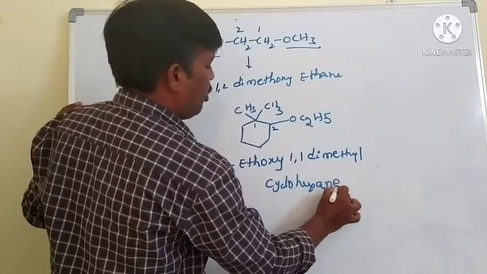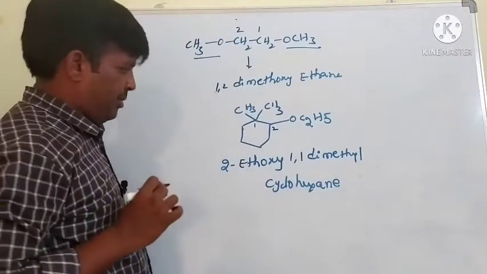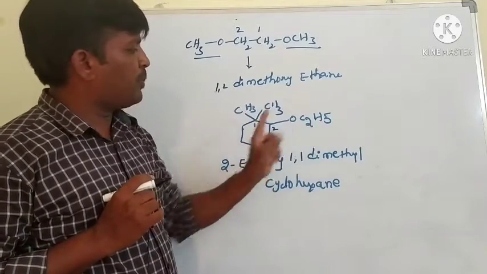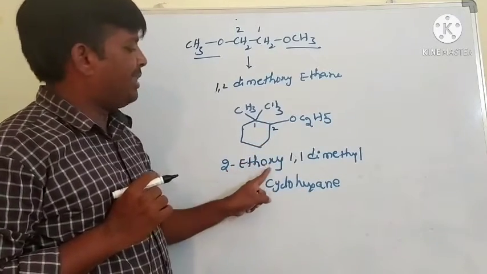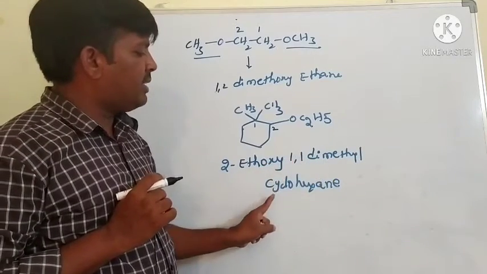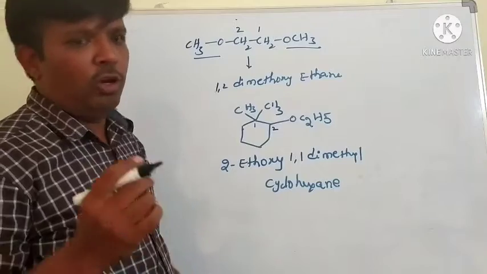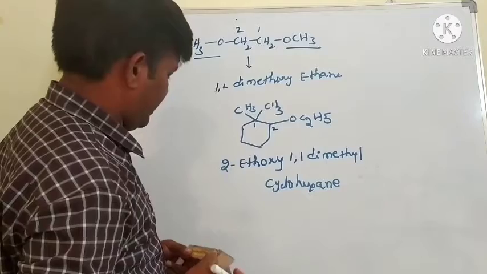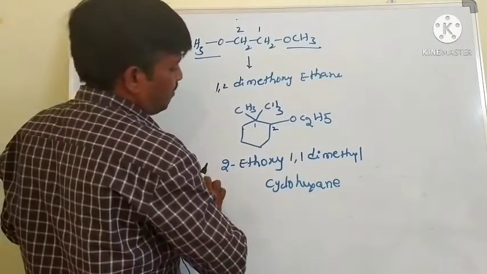This is the IUPAC name of this compound. At the second position, an ethoxy group is present, and then 1,1-dimethyl cyclohexane. This is the IUPAC nomenclature of ethers. Okay, over.